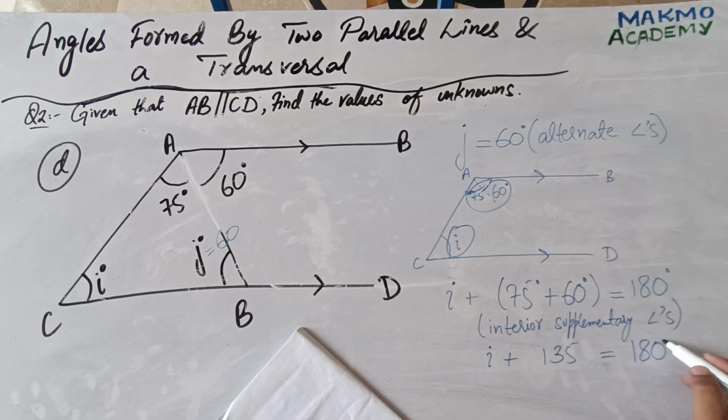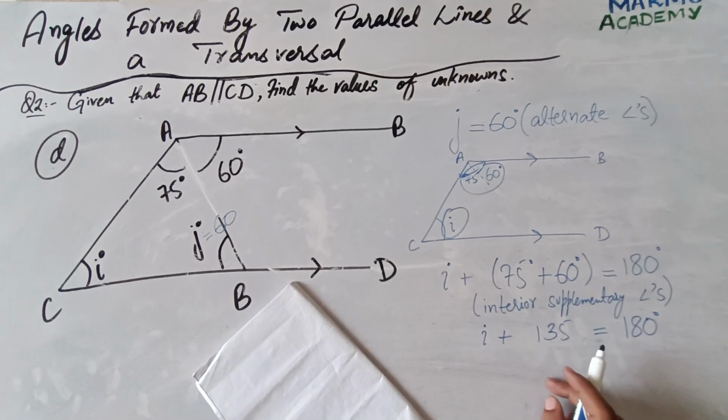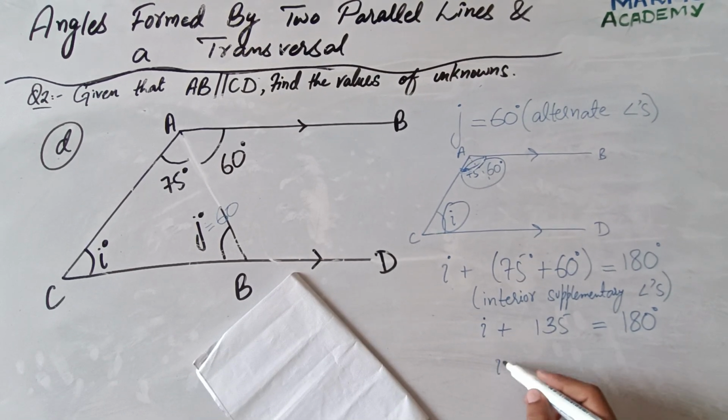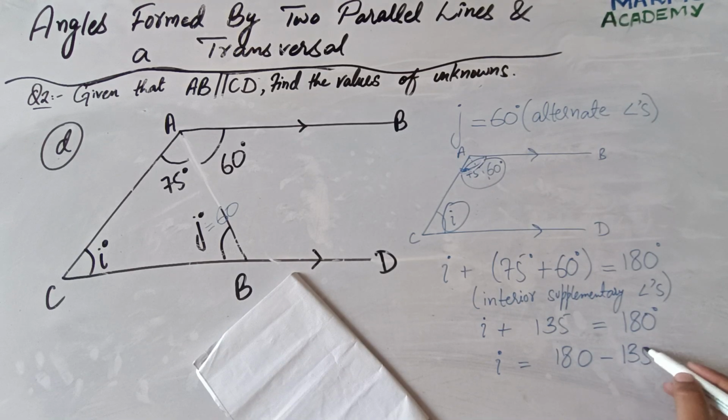In the next step, this 135 will go over there and get subtracted, and this will give you the size of angle I. I is equal to 180 minus 135. If you subtract it, you will get 45 degrees.